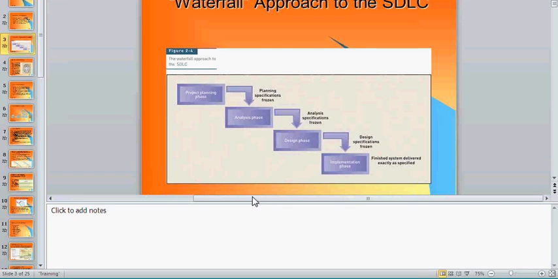Exactly. So waterfall is a great methodology if it is followed properly, right? So when I say the success in waterfall is only 10%, always remember it is not the methodology's fault. Why?